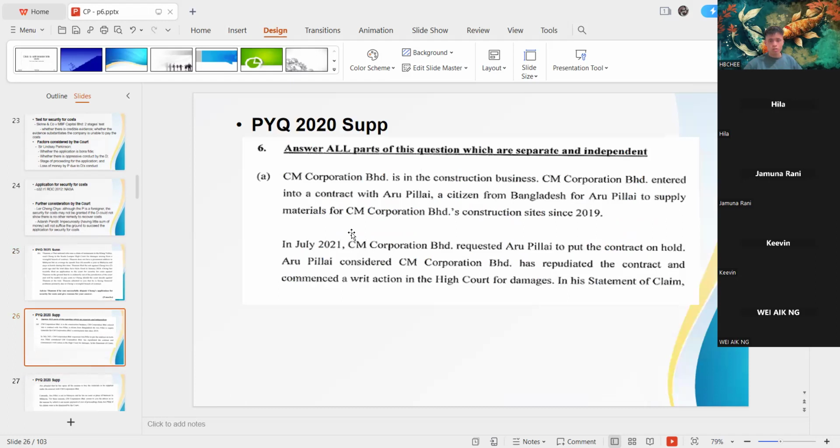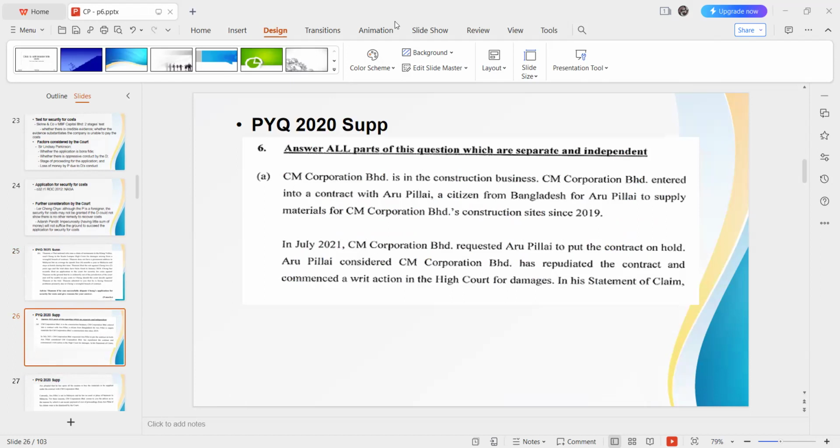Okay, this is the another question we can see is from 2020 supplement paper. Actually, this question is quite long. That's why I split it into two different slides already. So it says that Aru is a Bangladesh citizen.